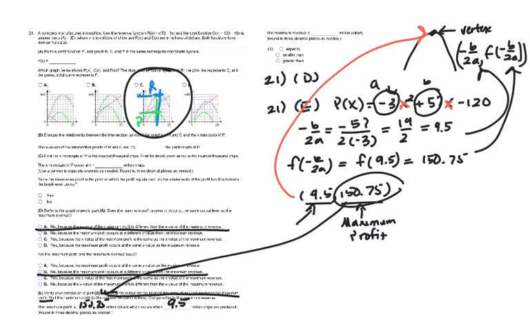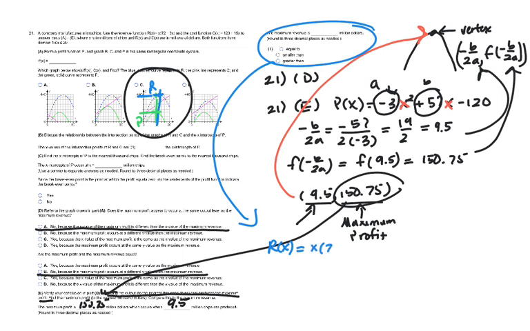Now we'll find the maximum revenue. The revenue function is given as x times the quantity 72 minus 3x, which we can write as negative 3x squared plus 72x. I just distribute and then change the order: x times 72 is the positive 72x, and x times the negative 3x is the negative 3x squared.